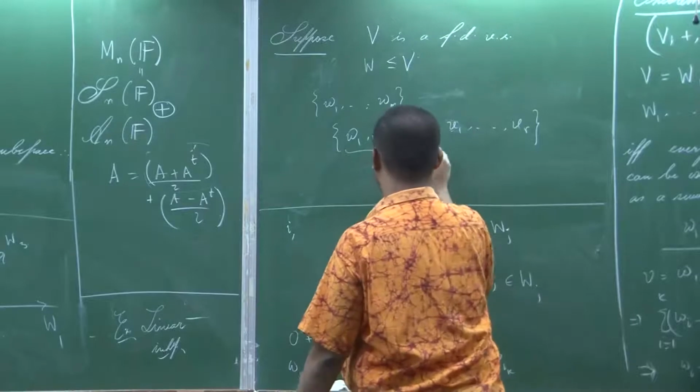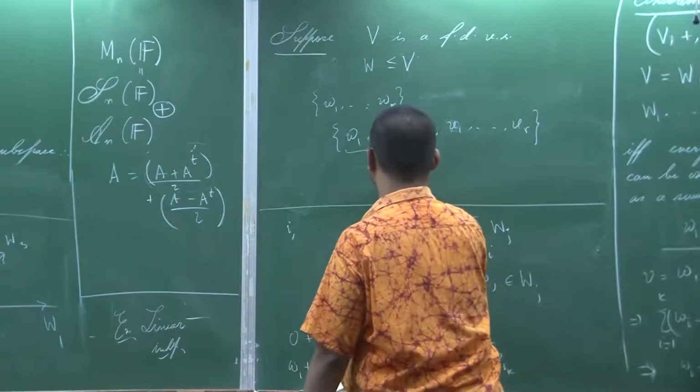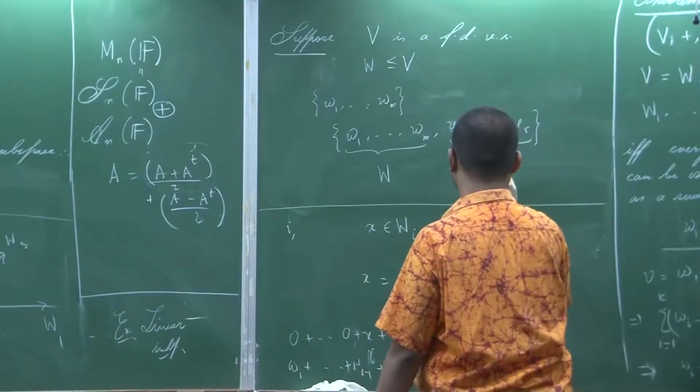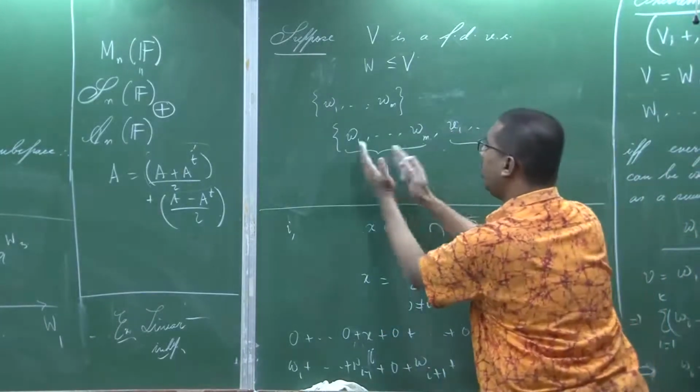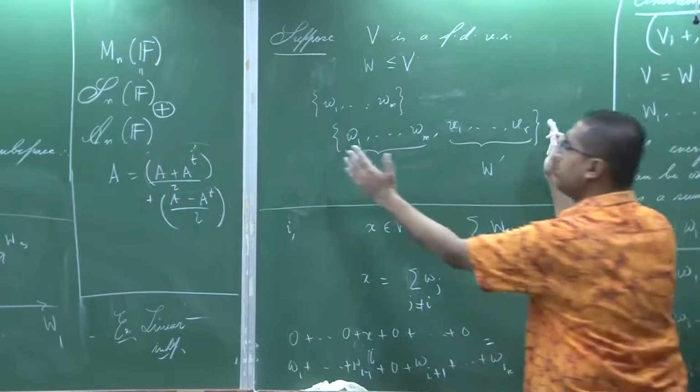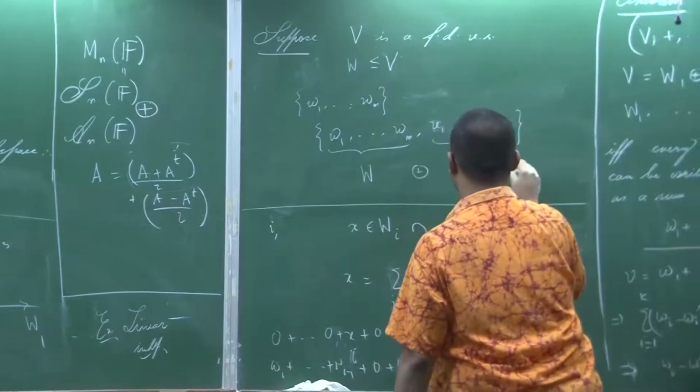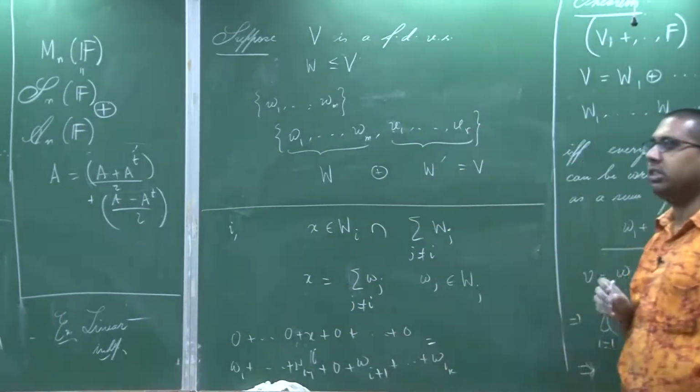So, the span of w1 up to wm is W, and let us consider the span of the extra vectors to be W prime. Okay. So, since this is a partition of a basis of V, we have the direct sum decomposition.